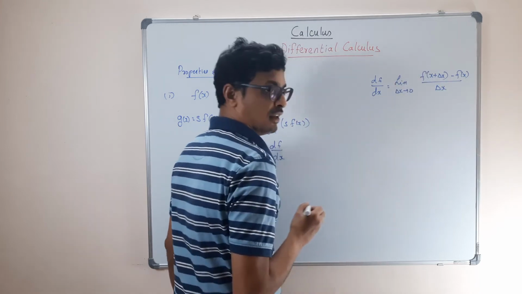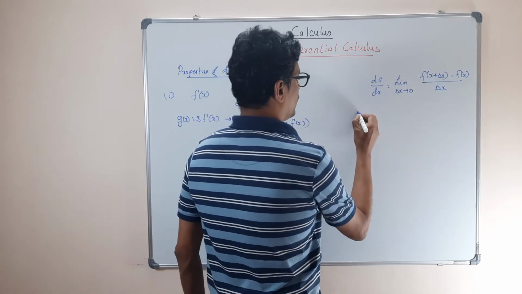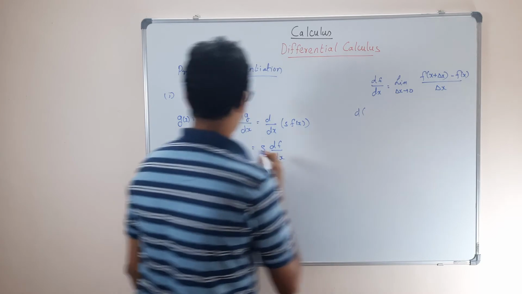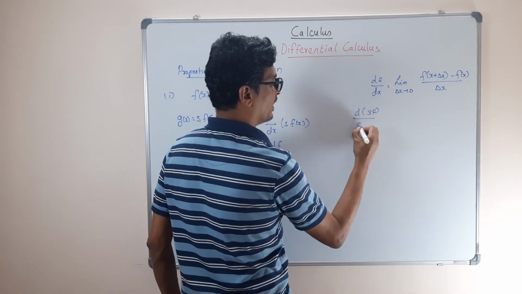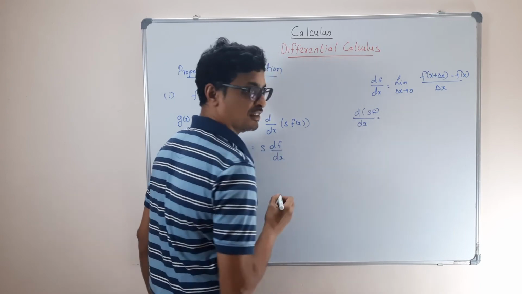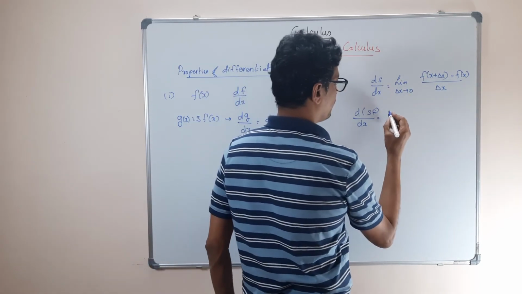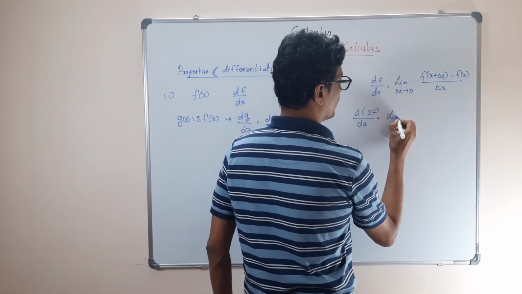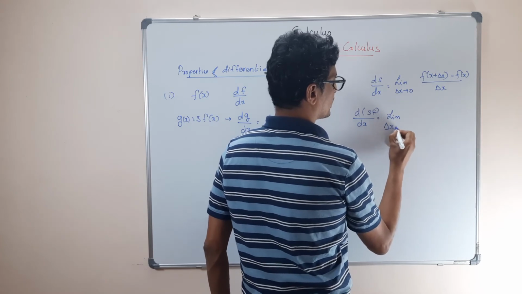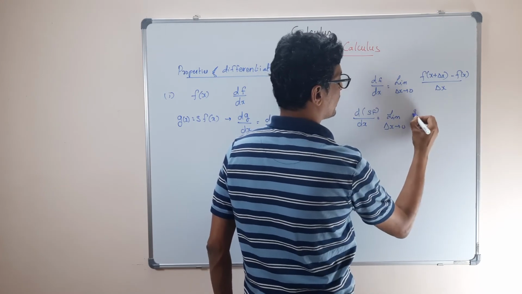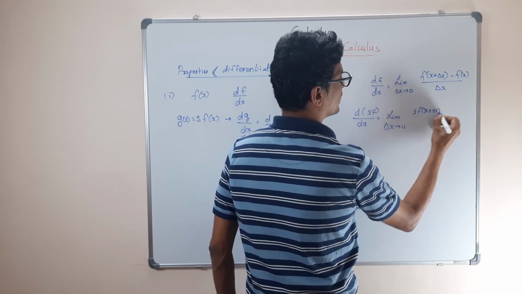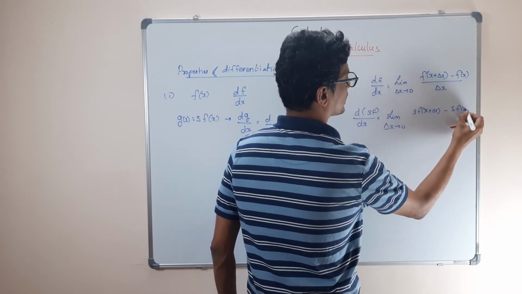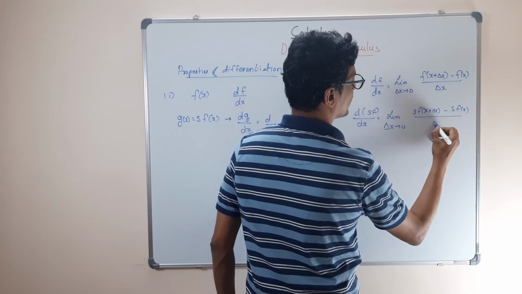Now I want to do d of s f by dx. So what will this become? Limit delta x tends to 0, s into f of x plus delta x minus s into f of x by delta x.